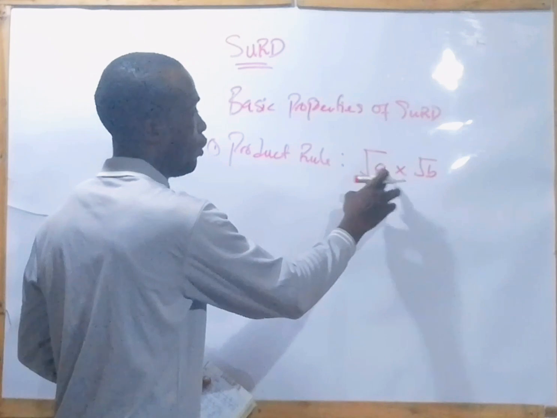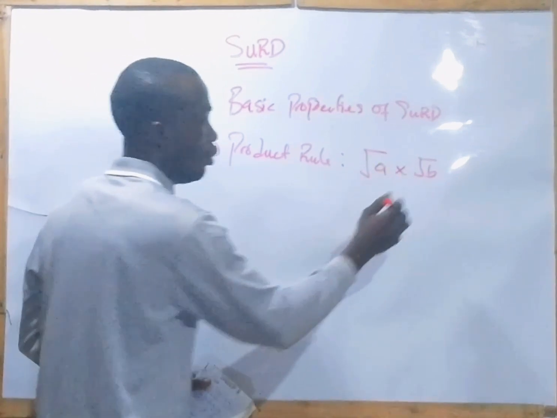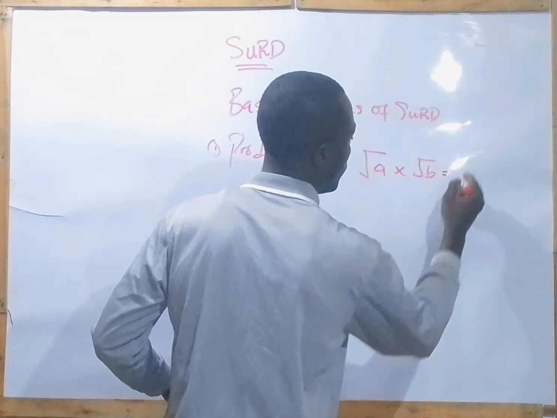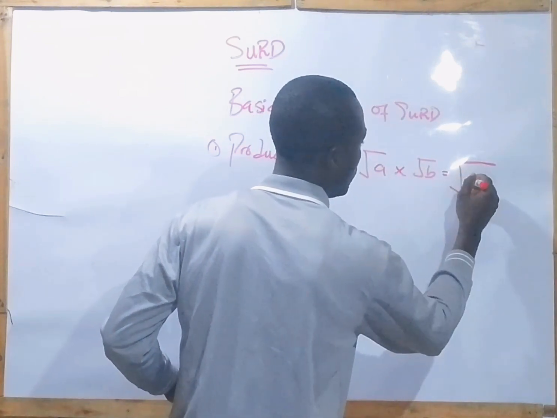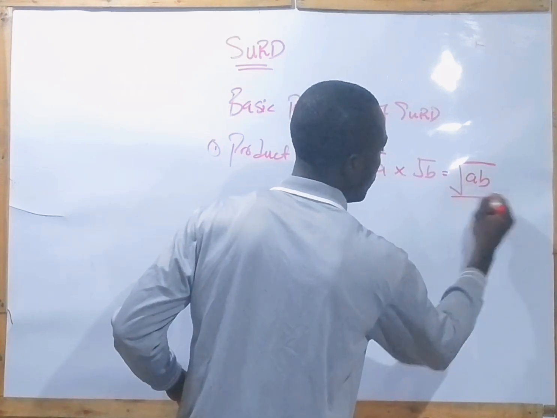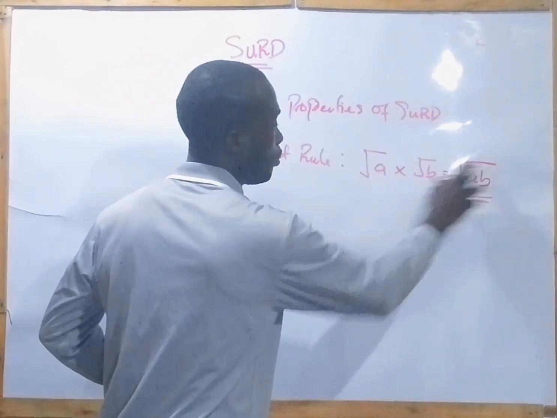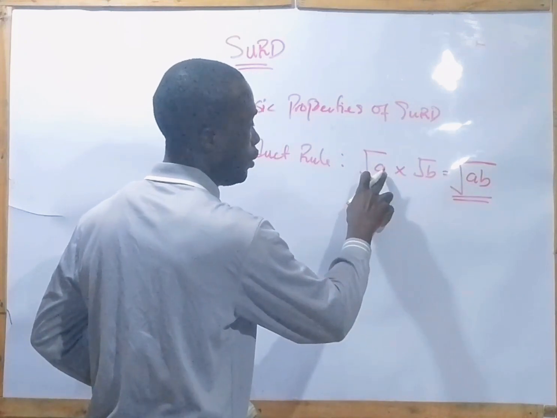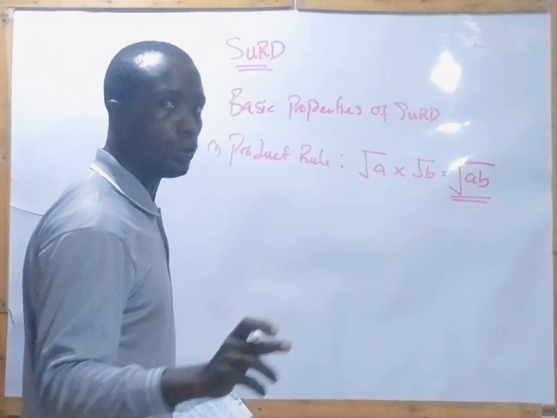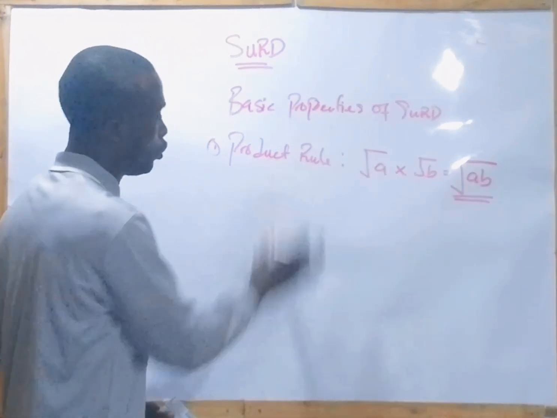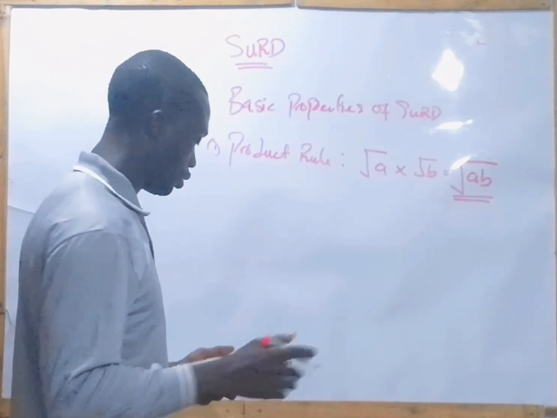Since the two of them have roots before them, what you do is that you say equal to, you open a big root, multiply these two, which is A, B. That's the product rule. When you understand these rules, it will be very, very easy for you to solve questions on surds.